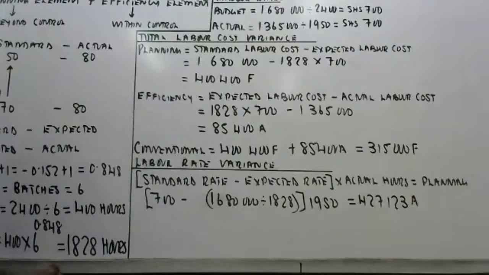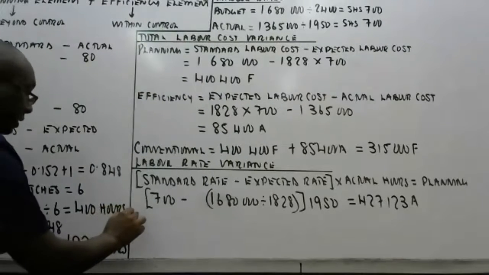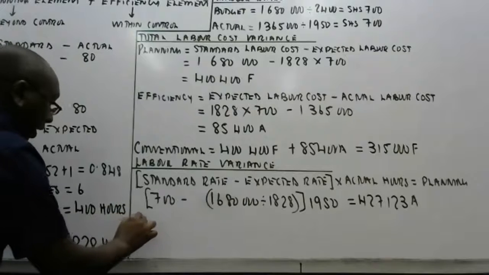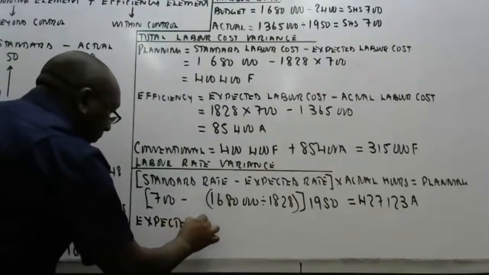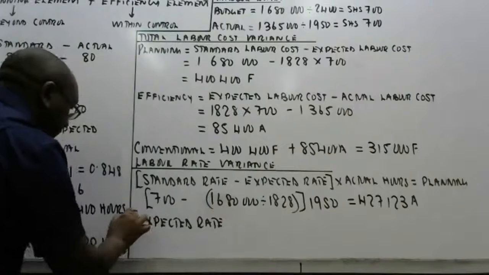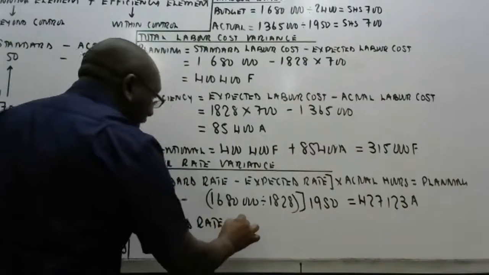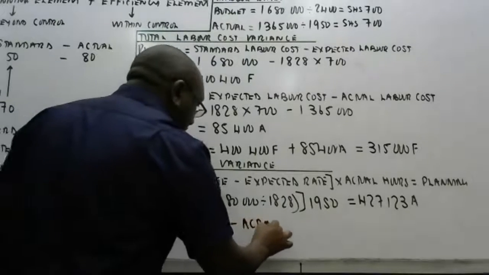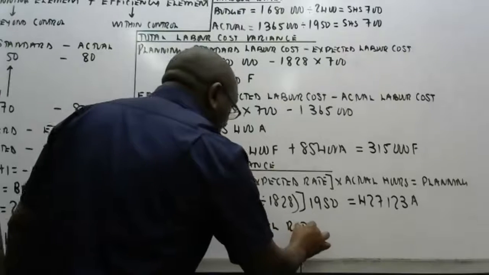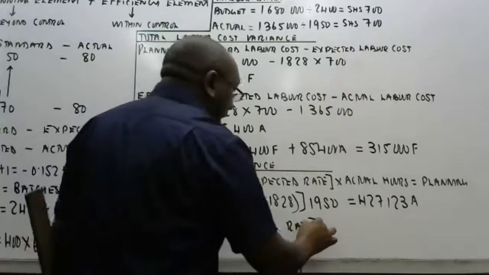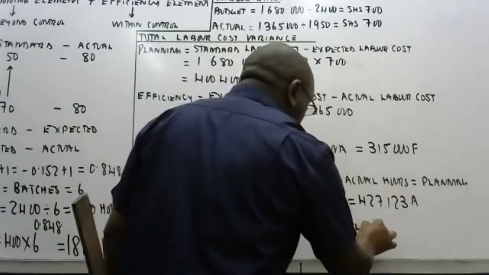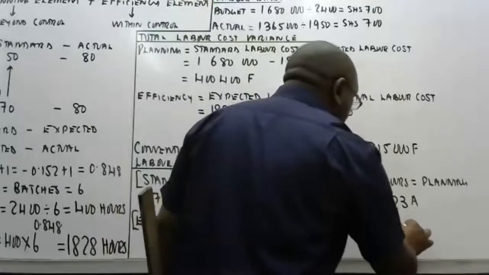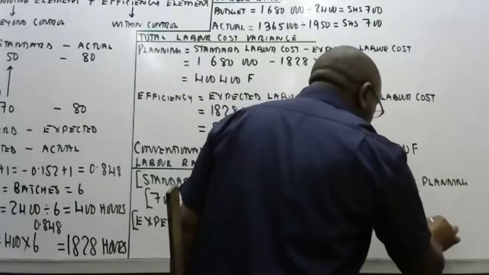Let us go to the efficiency, which is the expected rate minus actual rate, multiplied by actual hours. This will give you the efficiency.